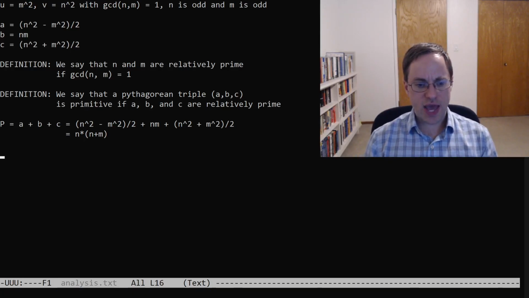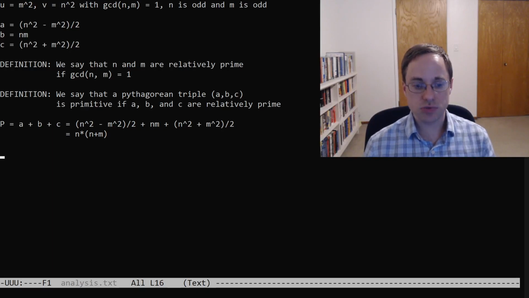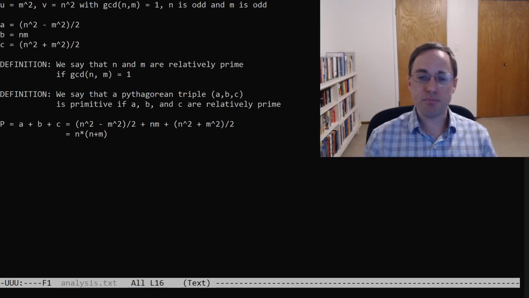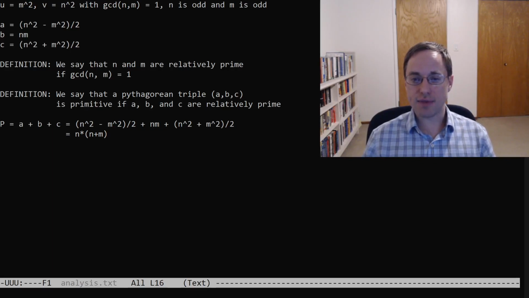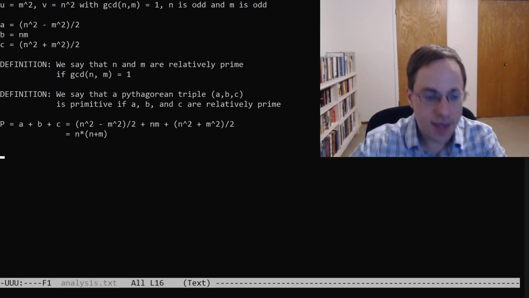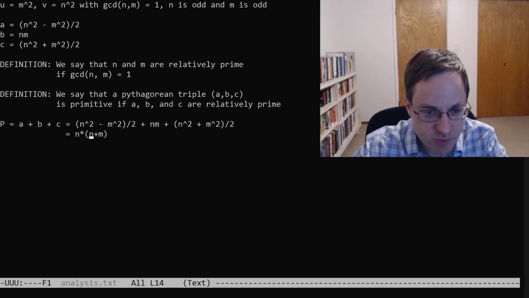Now, before we can actually look at implementing our solution, we're going to have to come up with some reasonable upper bounds for m and n. You might imagine that we're going to have nested for loops with m being the outer loop and n being the inner loop, and n ranging from m plus 2 up to the largest value of n that doesn't cause this expression here to be greater than 1,000.